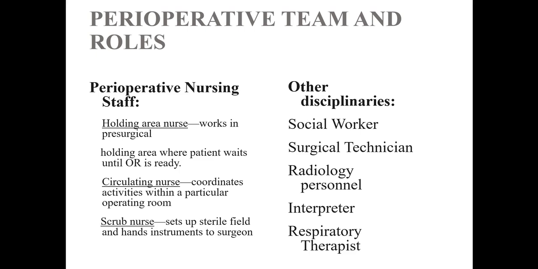That scrub nurse assists the surgeon throughout the whole procedure, and they anticipate the required instruments and set up the sterile table. They check the equipment, the materials, needles, sponges, and any instruments that would also be needed to close the incision.